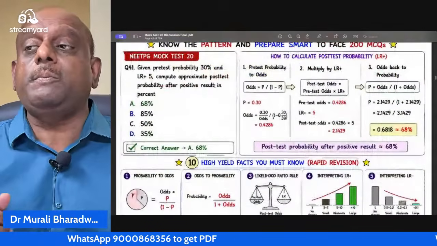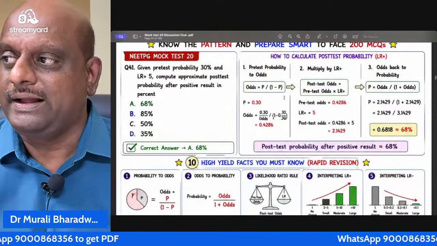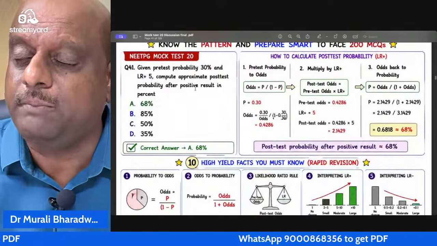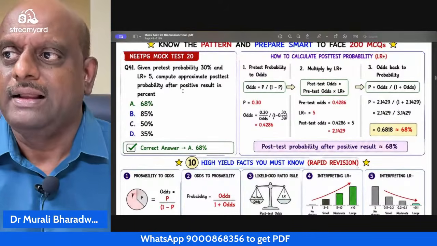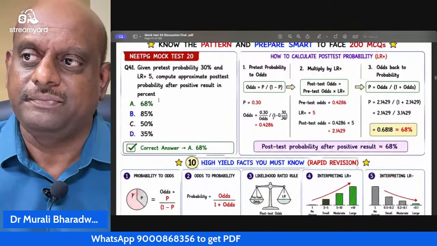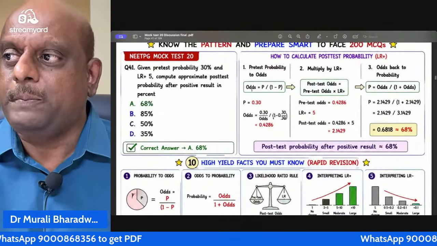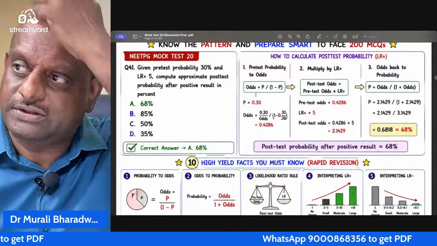If the pretest probability is 30% and the likelihood ratio is 5, how do you compute the approximate post-test probability after positive result? What is the percentage? So pretest probability to odds.